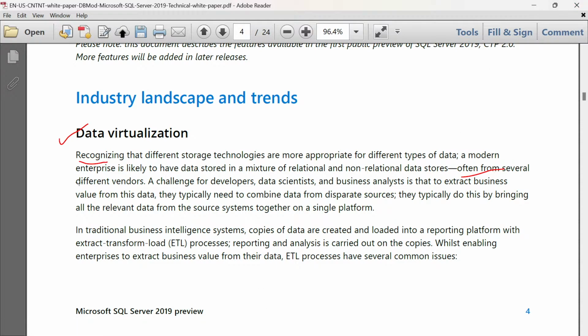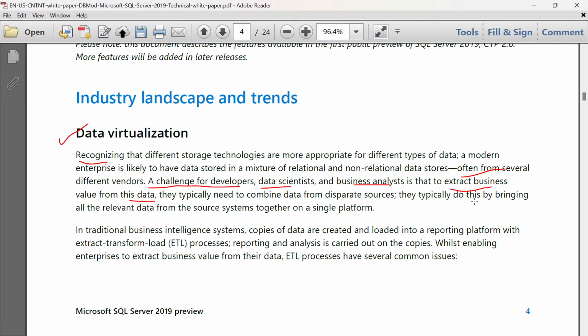Often from several different vendors which may be available in the market to distribute the information format. Now, a challenge for developers, data scientists and business analysts is that to extract business value from this data, they typically need to combine data from disparate sources.